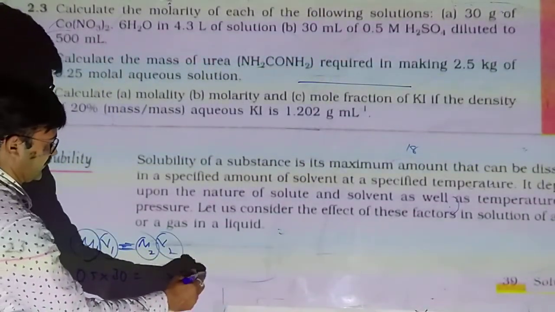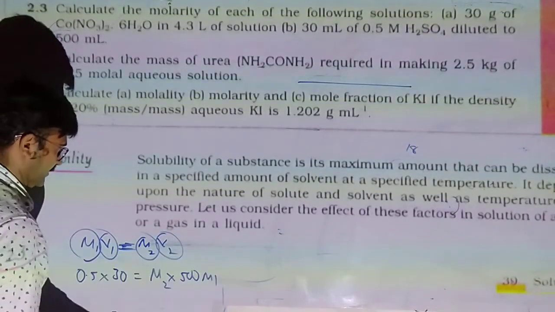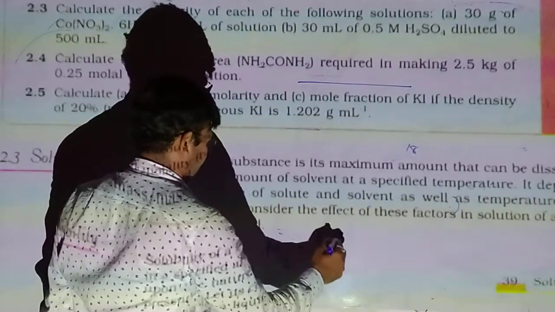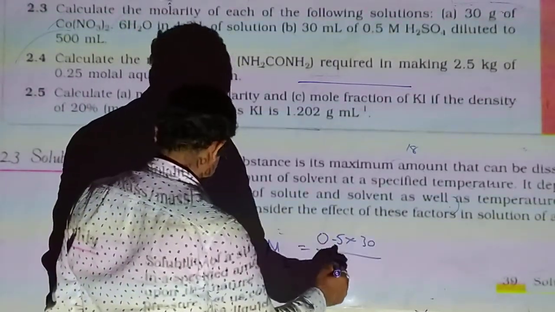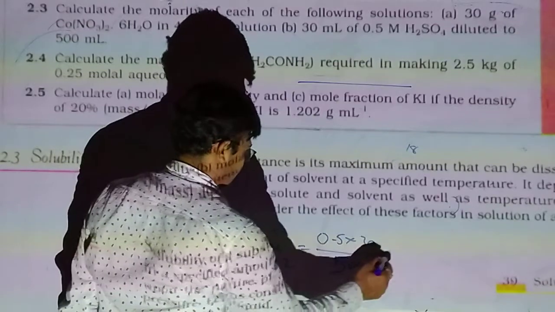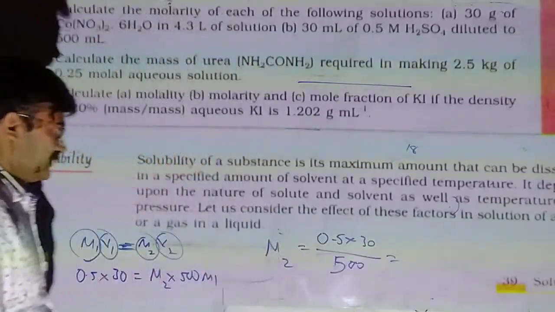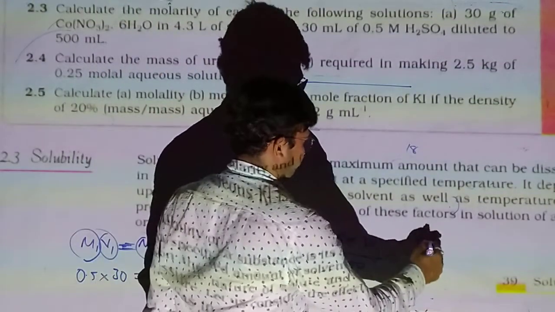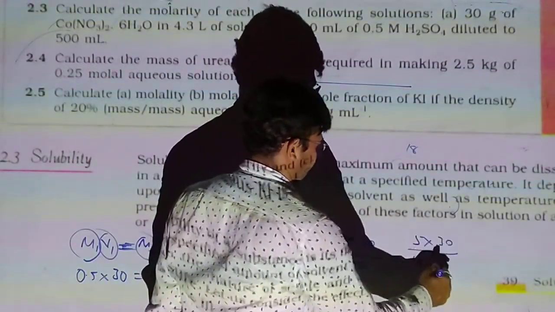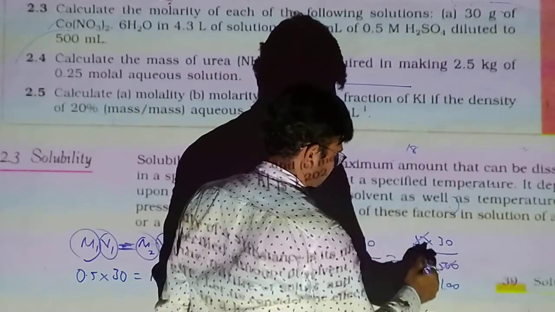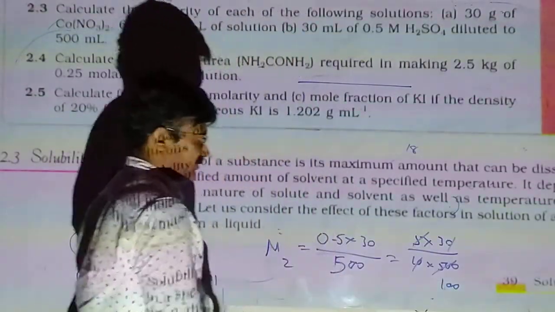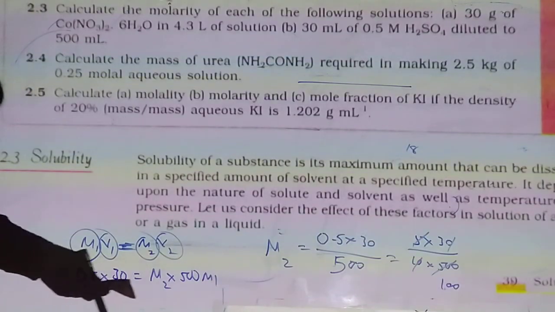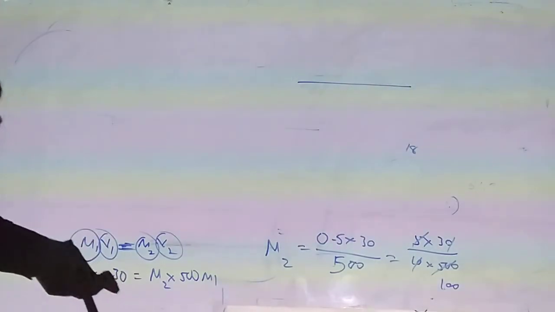Final volume is 500 milli. So final molarity we can define as 0.5 into 30 upon 500. So 5 into 30 upon 10 and 500. You can see our answer.